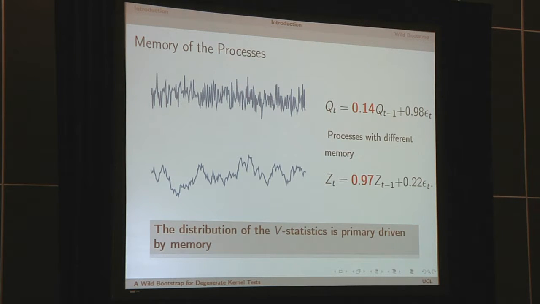On the other hand, process Q looks much more like random noise, and it's more difficult to predict the future values. That gives us the notion of memory: simply how much the process remembers about its own past. In the paper, we defined the memory for all kinds of processes, not only autoregressive processes, but to understand the effect of the memory on the V statistic, it's sufficient to study the autoregressive processes.